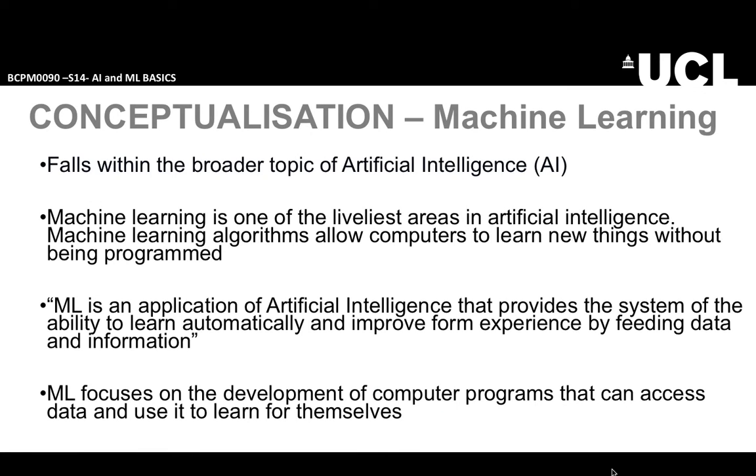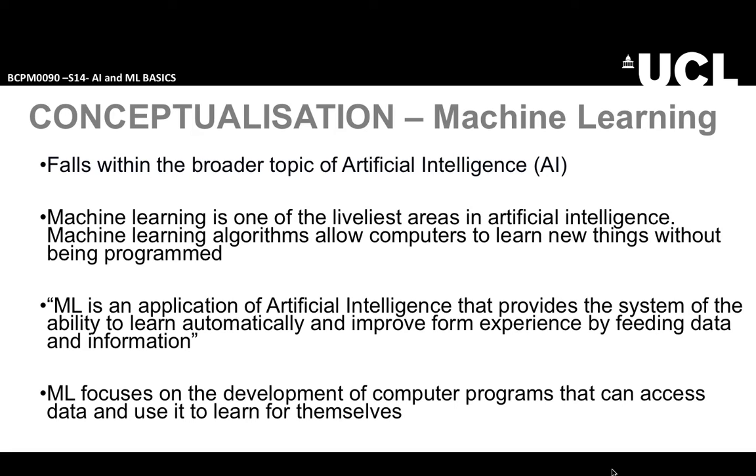Now I would like to provide some conceptualization about machine learning. Machine learning falls within the broader topic of artificial intelligence. Nowadays, it's probably the liveliest area in artificial intelligence. Basically, machine learning algorithms allow computers to learn new things without being programmed specifically for that.